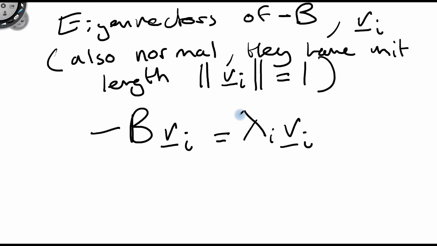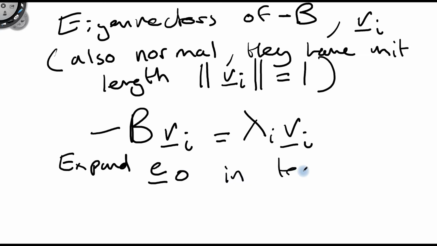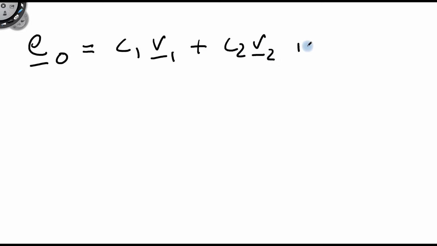So let's expand e^0, our initial error, in terms of the eigenvectors v_i. Our initial error is c_1 v_1 + c_2 v_2 + ... + c_J v_J, assuming there are J eigenvectors.